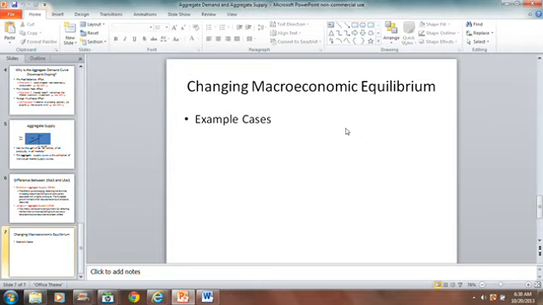It's very reminiscent of the game we played in chapter 3, where we put the demand curve and supply curve together and studied changing market equilibrium, where you had a series of cases. Like from chapter 3, we had demand-induced cases where only the demand curve would shift.